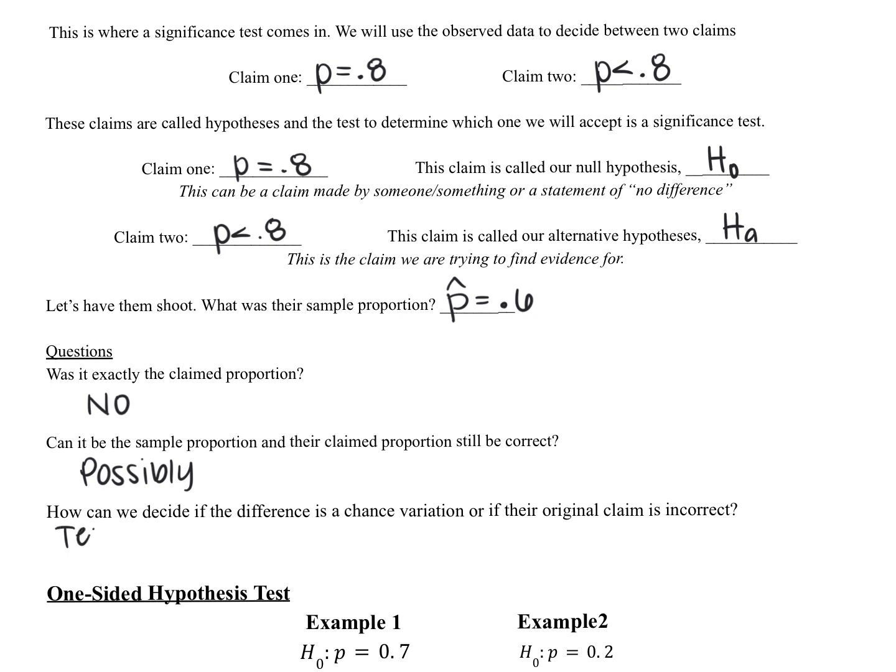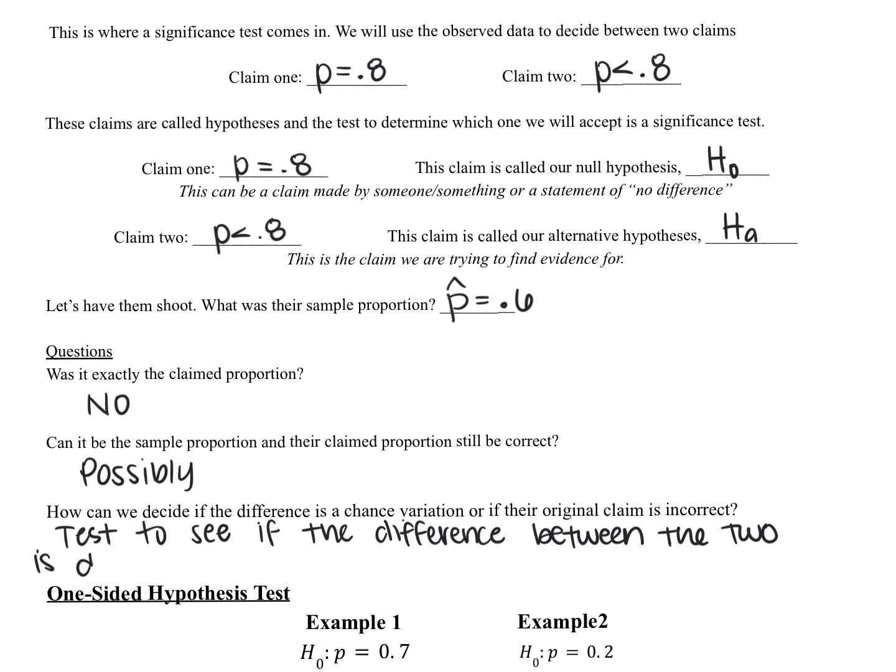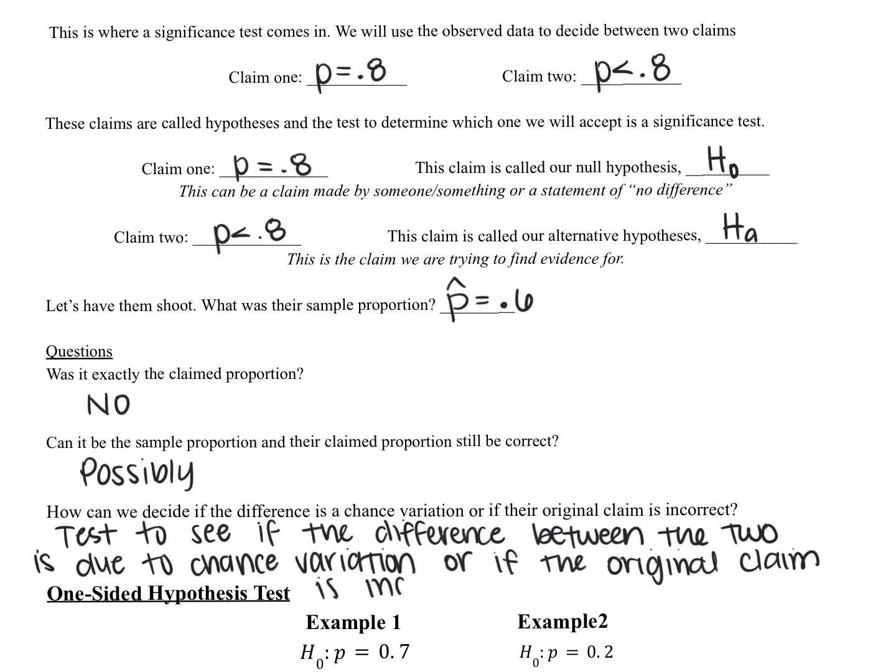What we do is test to see if the difference between the two is significant, due to chance variation, or if the original claim is incorrect.